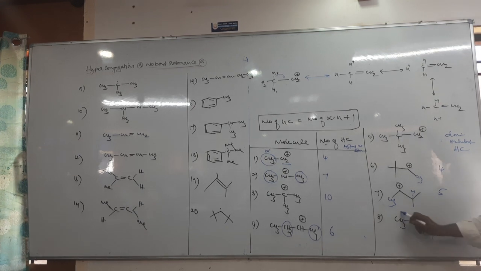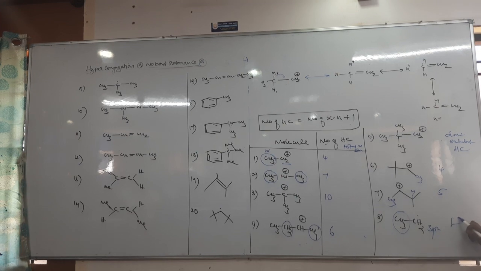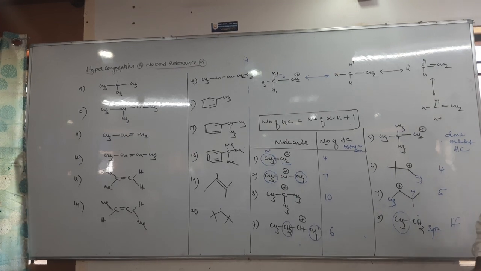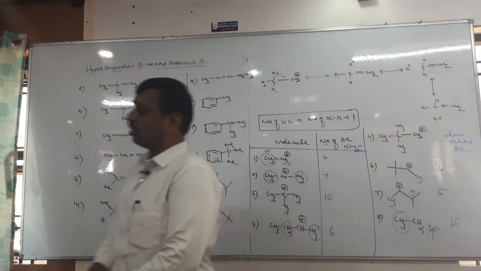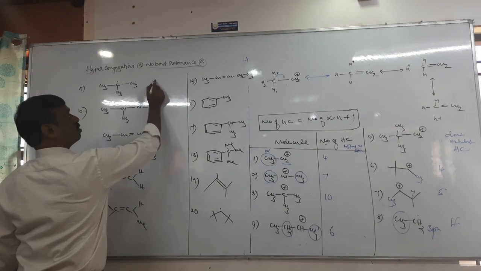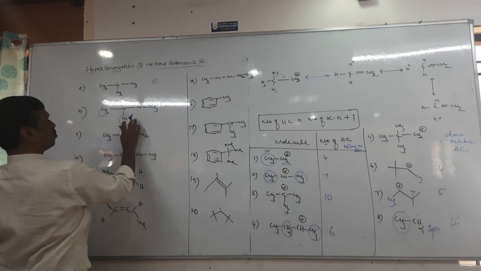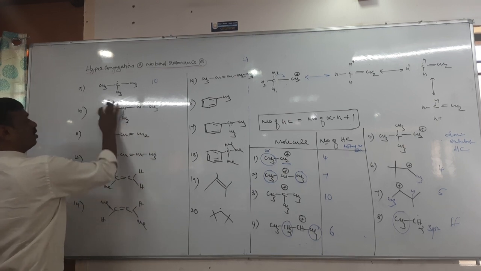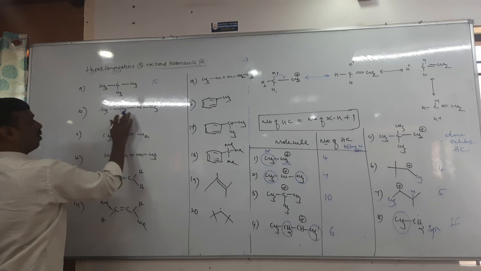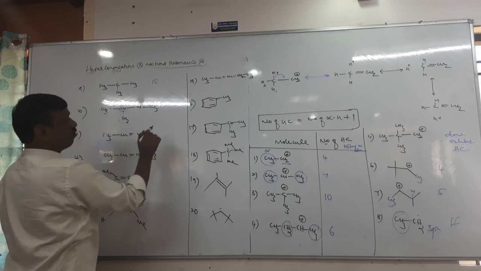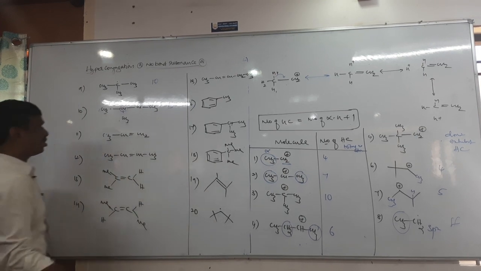Here how many hyperconjugation structures? Again 4 possible. Next, 1 plus 3, 4, 5 hyperconjugation structures.